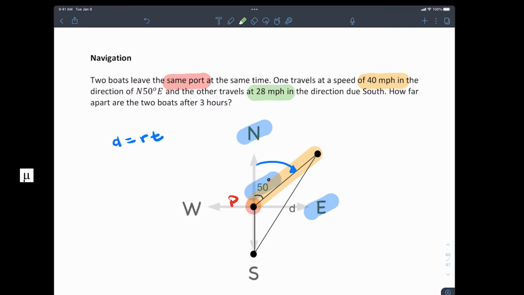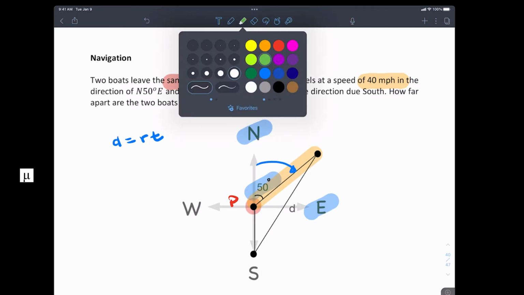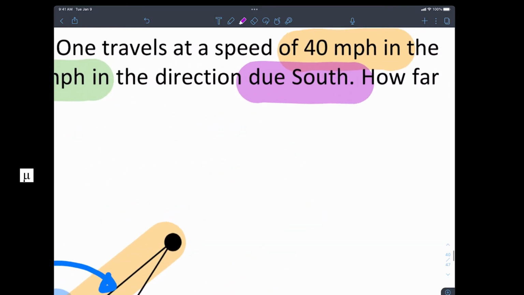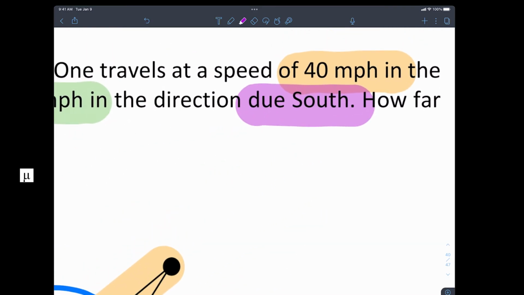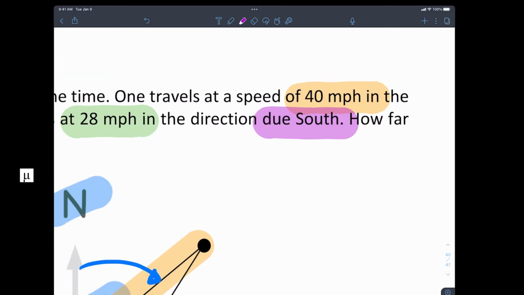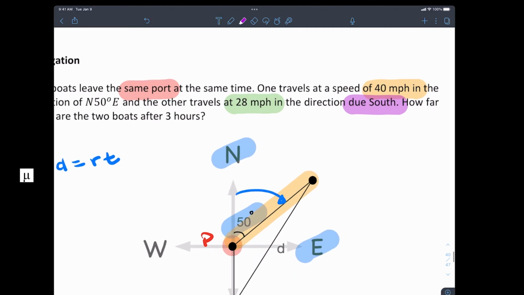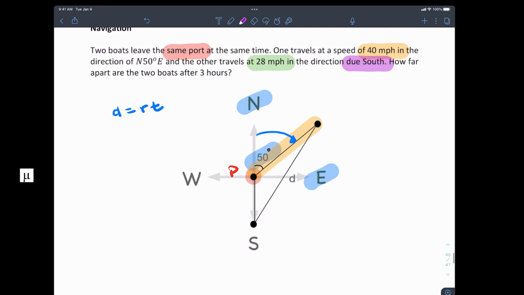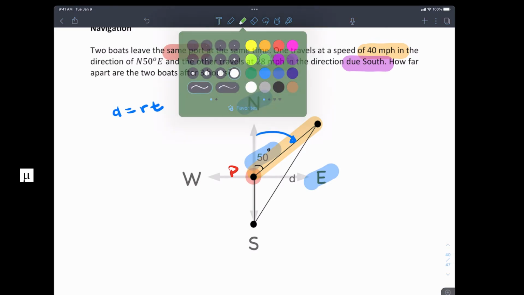Due south. So we're going to have to talk about what that means. What does it mean to go due south? What do you guys think? What's due south? Going down.